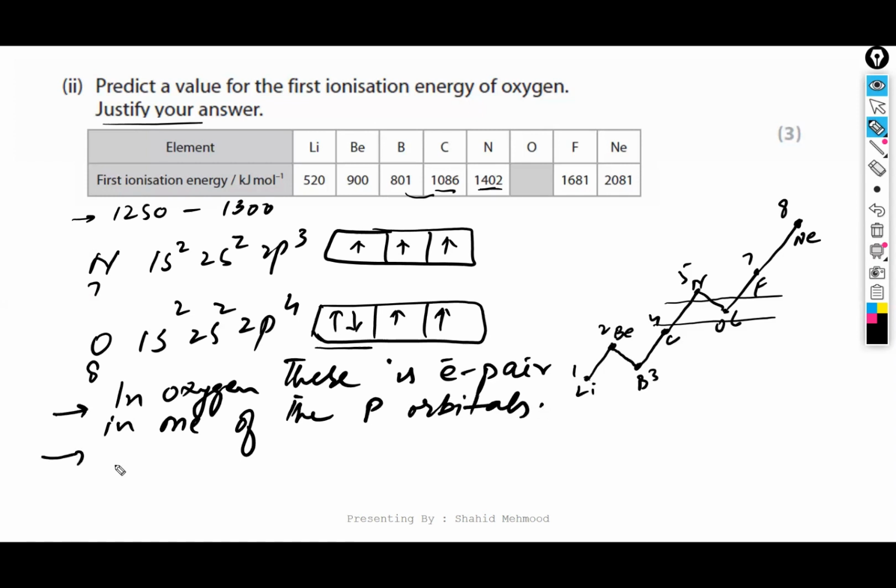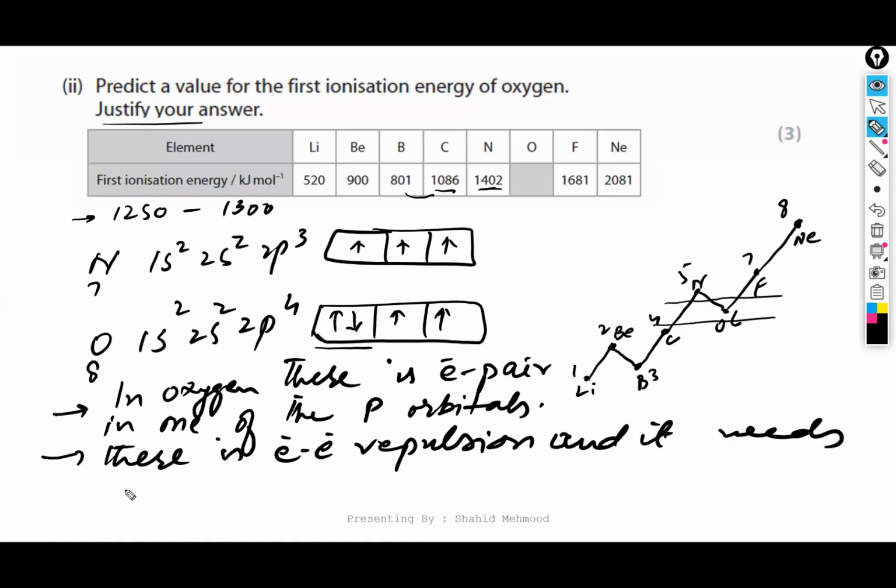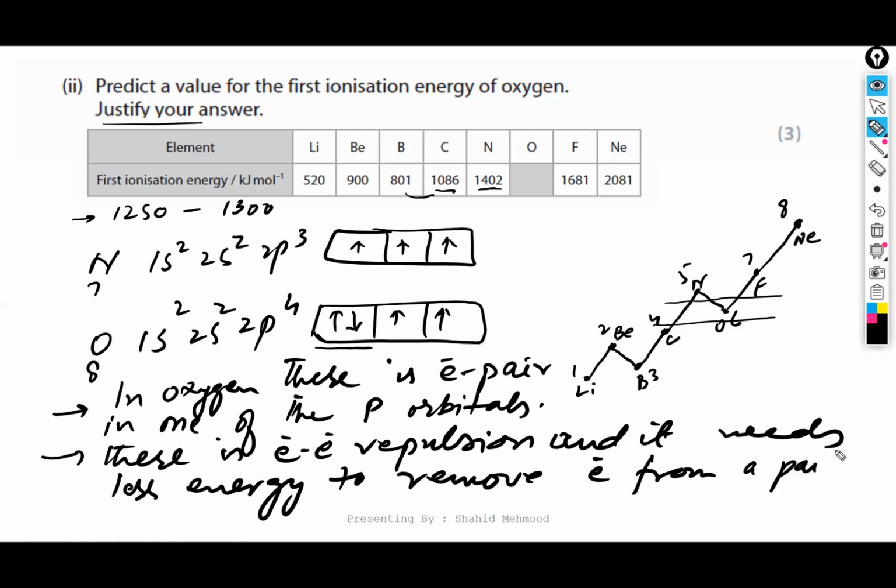So there is electron repulsion, and it needs less energy to remove an electron from a pair.